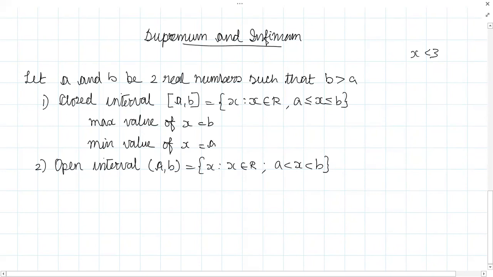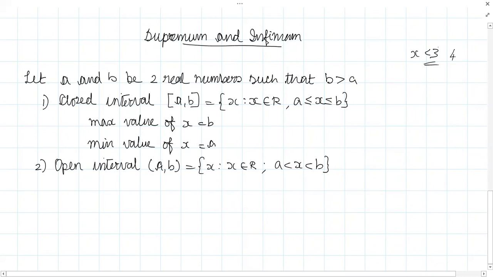We cannot say, because it is not included, unlike in the closed interval. X less than 3 implies X is less than 4 also. So we can say that 3 is the least upper bound.